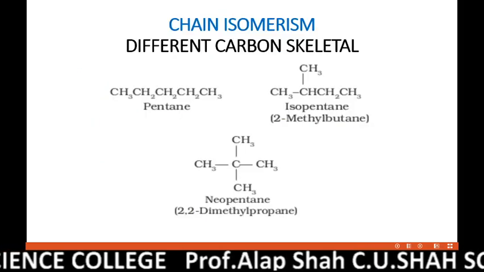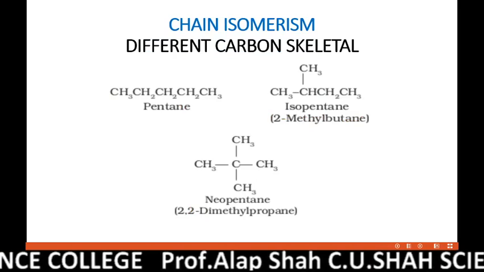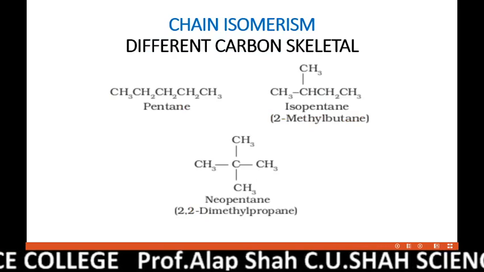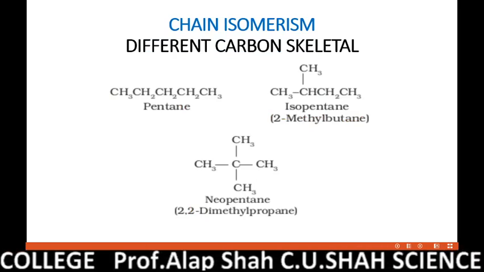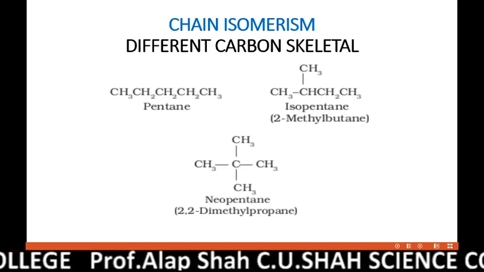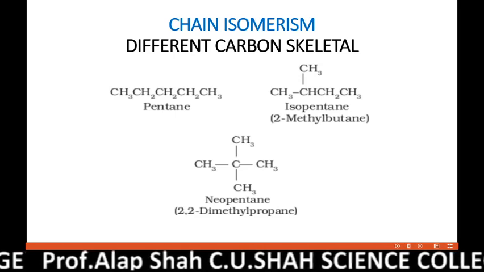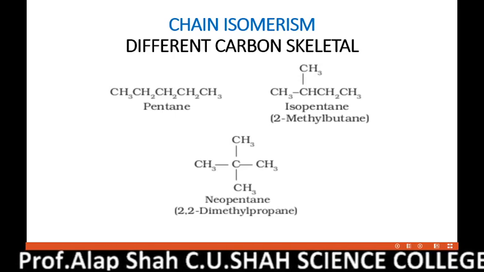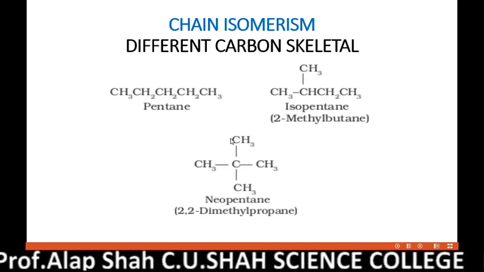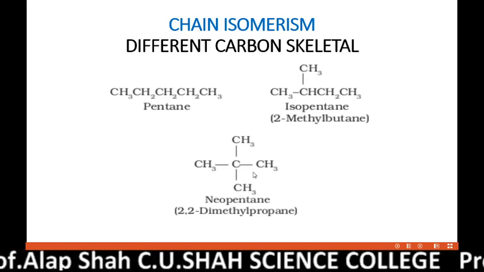First of all, chain isomerism. Here the isomers have different carbon skeletons. The chain in all the compounds is different. You can see the example: normal pentane, isopentane or 2-methyl butane, and neopentane or 2,2-dimethyl propane.